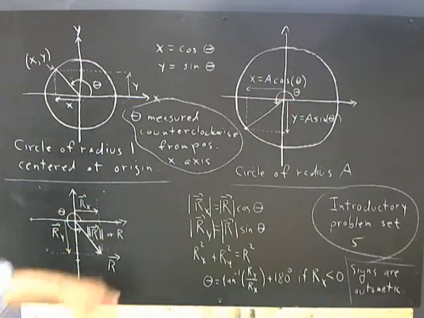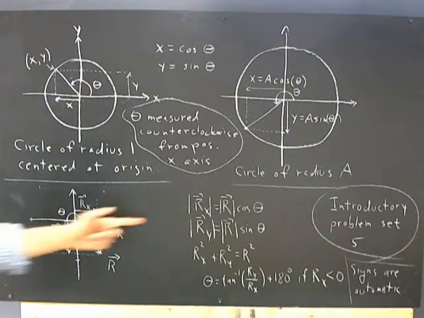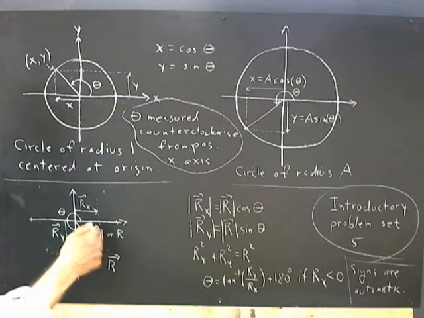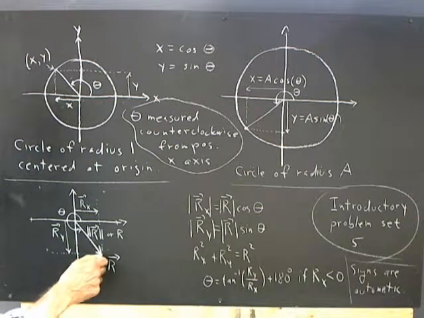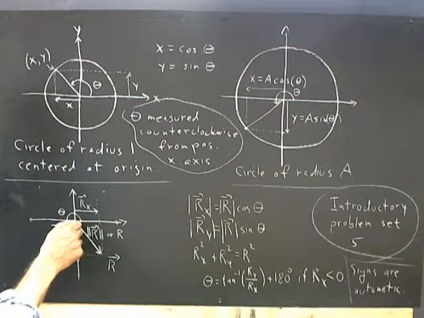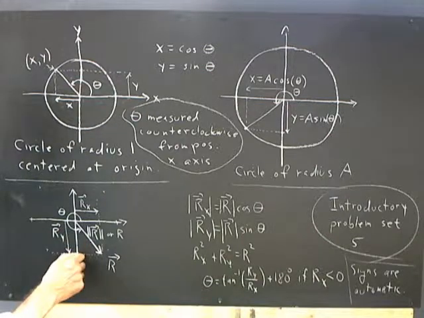Now this vector has components. It has an x component and a y component. The x component is obtained by, well, let's do the y component first. The y component, we simply project over to the y-axis and take a vector that runs from the origin down to that point.